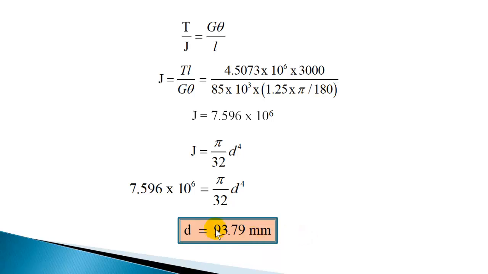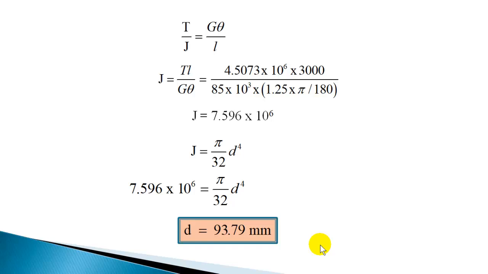You can use a higher diameter, and that will always reduce the angular twist, but you cannot go below this. We have not checked the maximum shear stress, so we are more concerned with the angular twist for this particular application. So this is the minimum diameter required to restrict the given constraint.